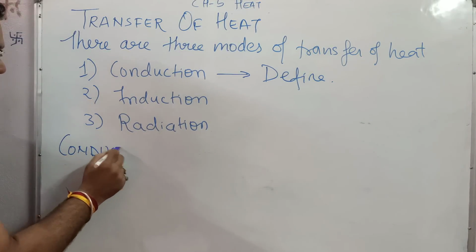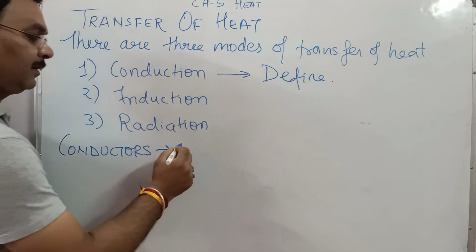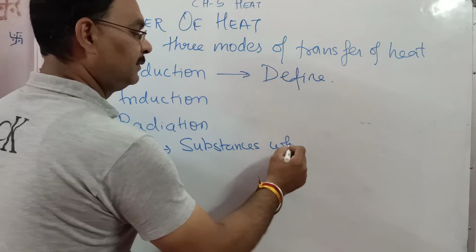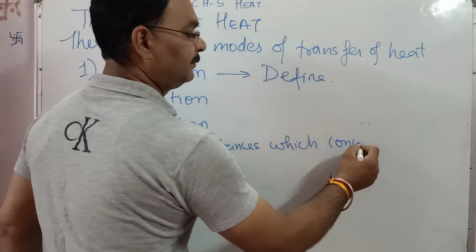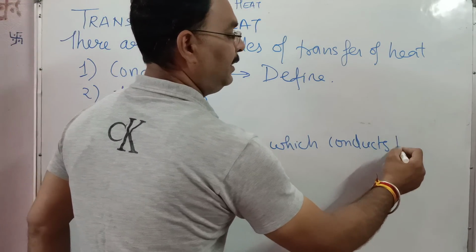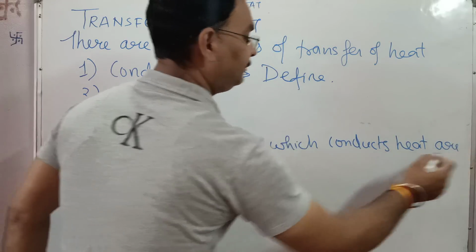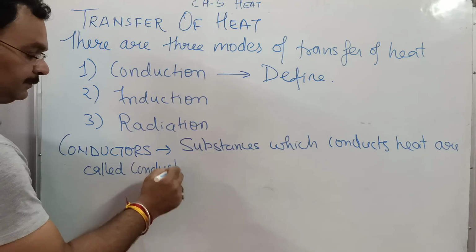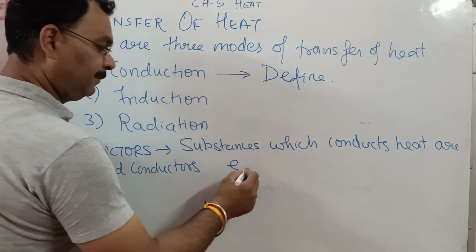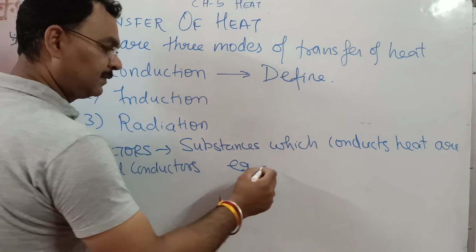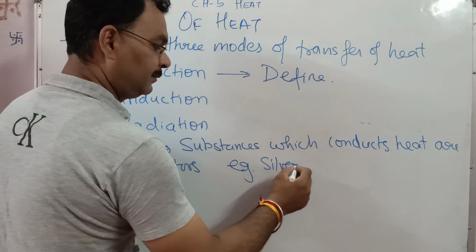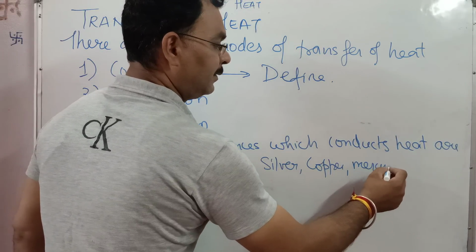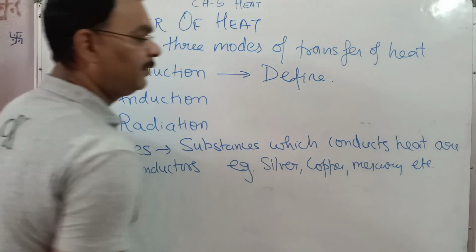Now, conductors and insulators. Conductors: substances which conduct heat are called conductors. Examples: generally all the metals, but silver, copper, mercury, etc. are good conductors.